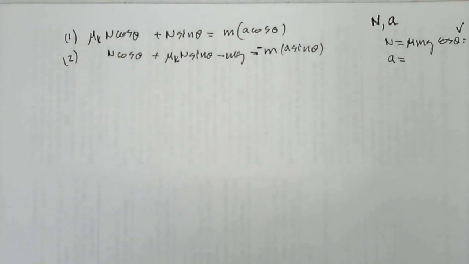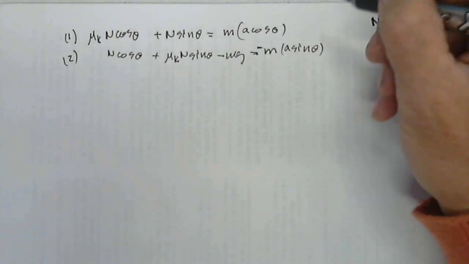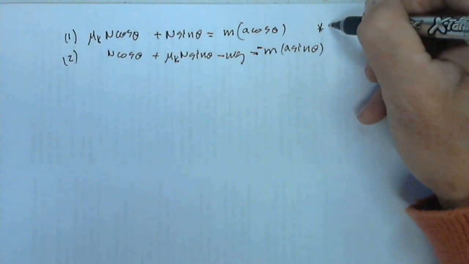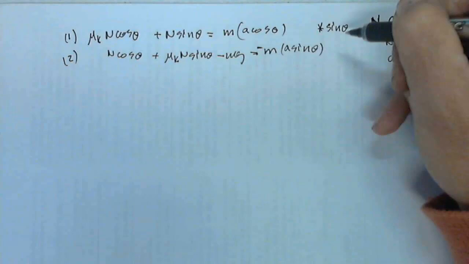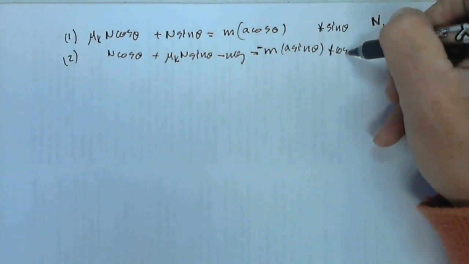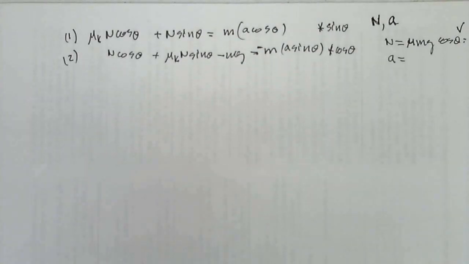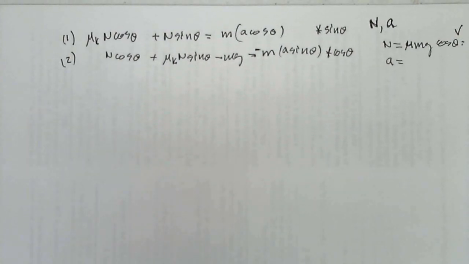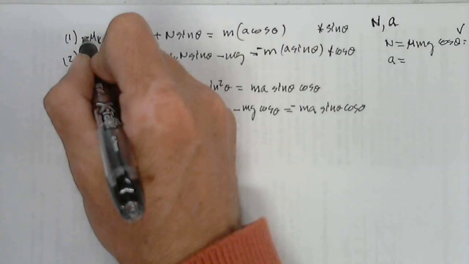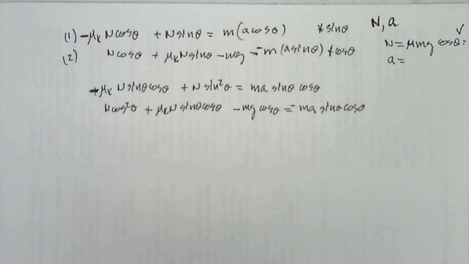So how to solve this system? I think the easiest way is to multiply this one times sine and this one times cosine. You're going to see in a moment why. There is a minus over here that I forgot to put.